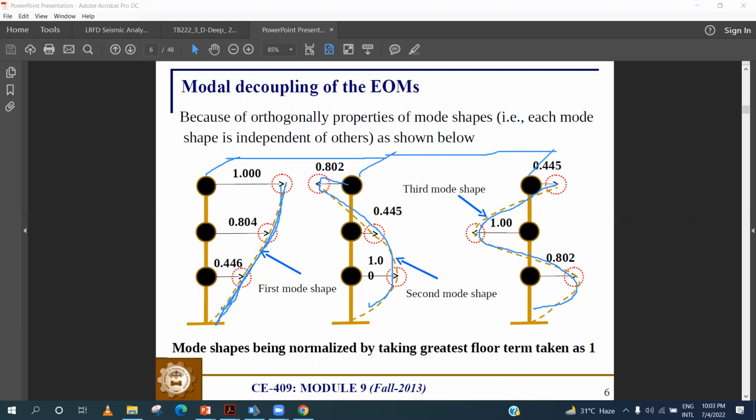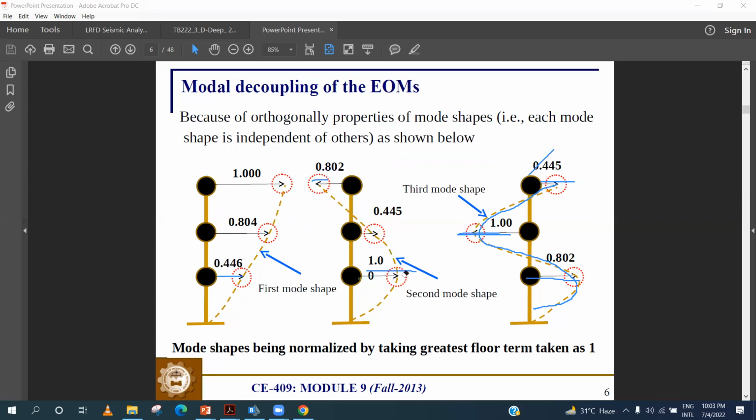For that case, we perform modal analysis and the combination of these different modes. So for this mode we will add this one and this response, and for this mode we will add this. So how do we add them? This is known as modal combination.